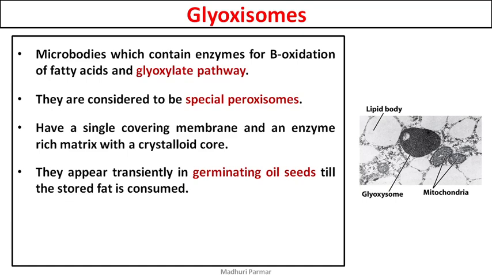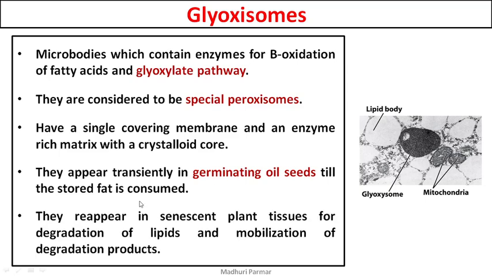Remember, this is very special for germinating oil seeds. Humans cannot perform the glyoxylate pathway. So if you eat a lot of oil, it will not get converted into glucose inside your body. That does not happen. They reappear in senescent plant tissues.